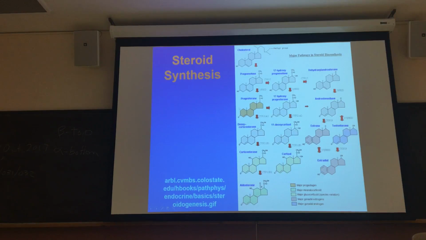So for instance, everything down here from progesterone on down on the left-hand side is done in the adrenal cortex, but is not done in the gonads, in the male or the female.